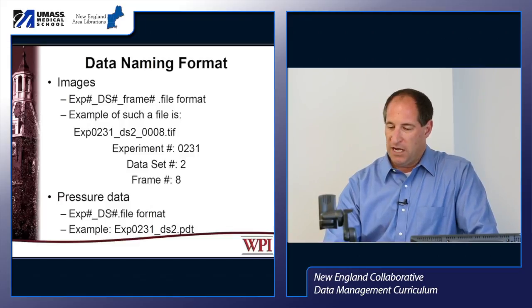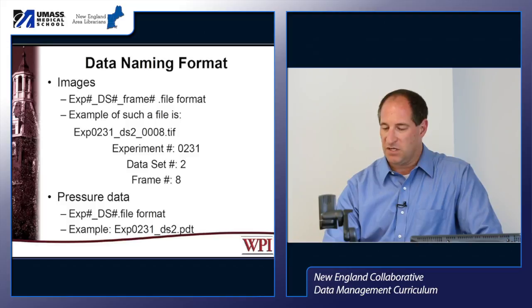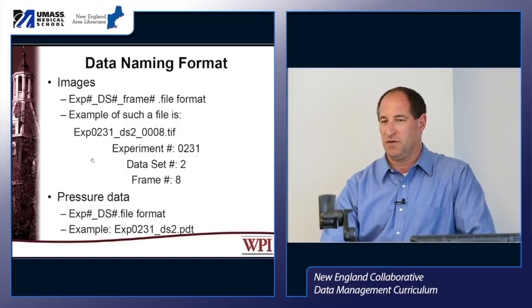For each one of these images, the pressure is saved in this PDT file, which is similar to an Excel file. And so we store the pressure for an entire data set in one Excel file. For example, this here might be EXP0231, data set 2. And this here would contain the left ventricular pressure data that corresponds to these images.